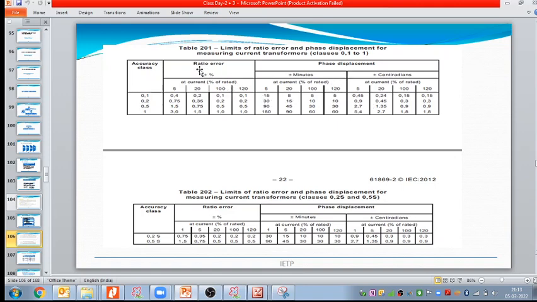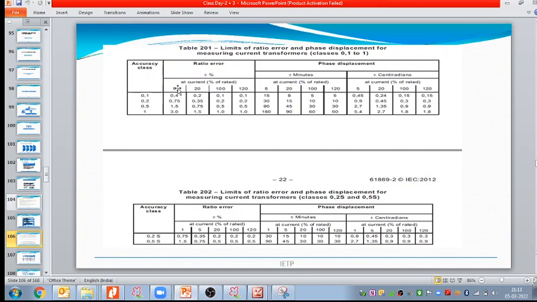We are discussing the current ratio error here, and we can see the accuracy classes 0.1, 0.2, 0.5, 1, because 3 and 5 we generally use less, 0.2 S and 0.5 S here. So let us try to understand this IEC snapshot.